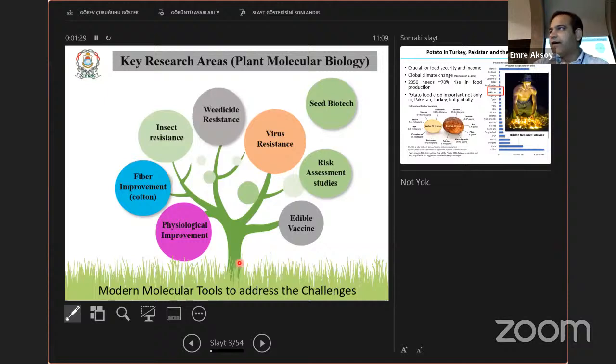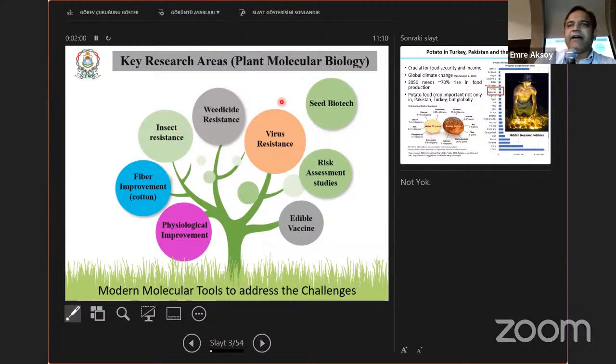Cotton is the main crop, and among the traits, insect and herbicide resistance is the one that has already been commercialized, and the cotton has been in the country for general cultivation for the last couple of years. So the center has done extremely well as far as the applied side of molecular biology is concerned.